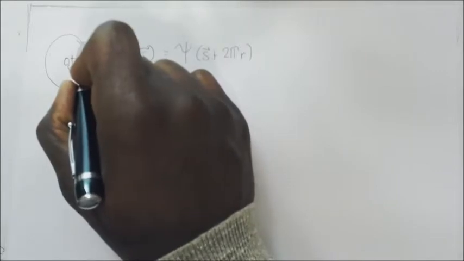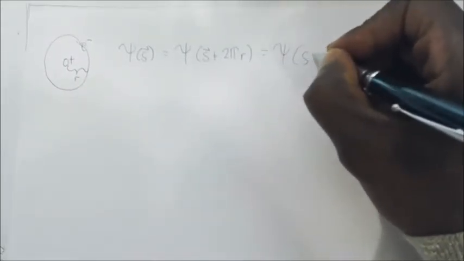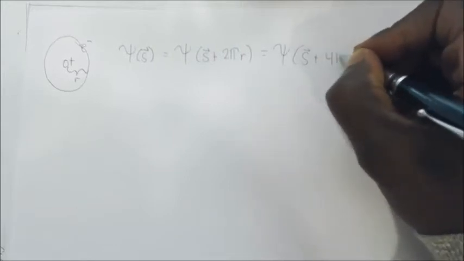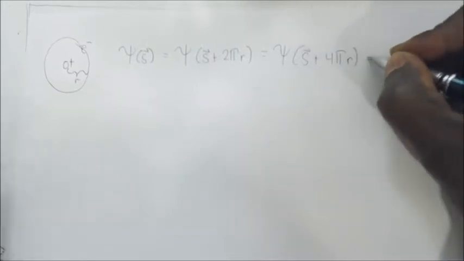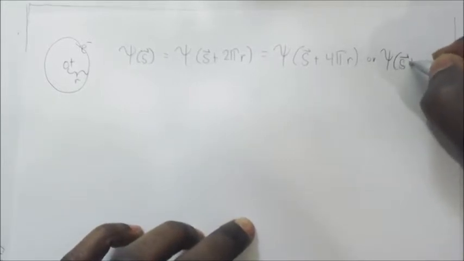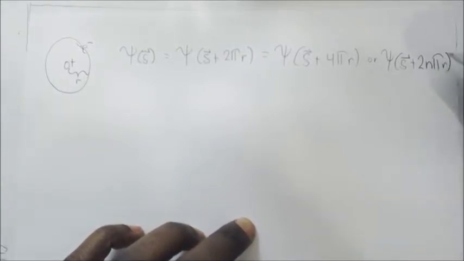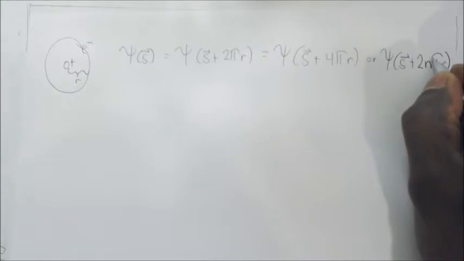So it's the same position, which is the same as psi of s plus 4 pi r, or psi of s plus 2n pi r, where n is basically any whole number.